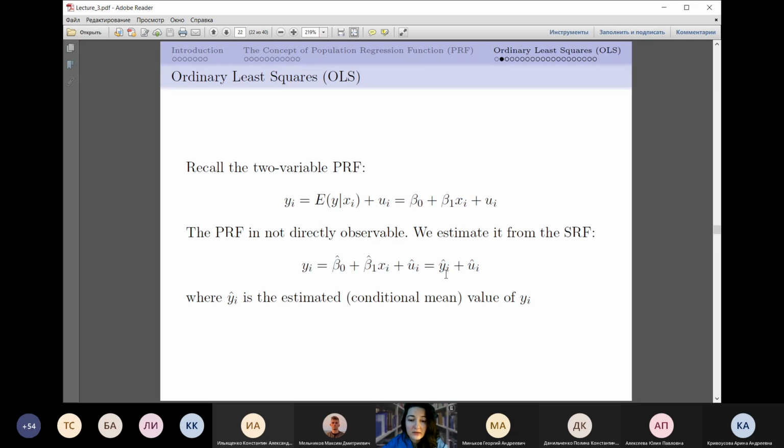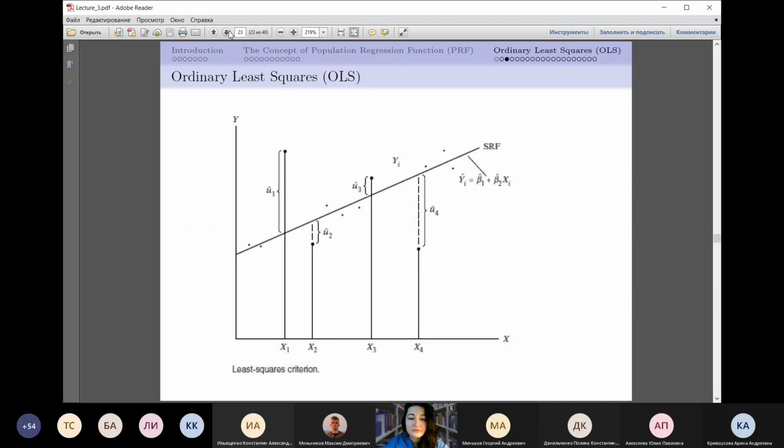Here y hat is the estimated or conditional mean value of our population y. And here the residual term is simply the difference between the actual and estimated values. You can derive this from this equation.